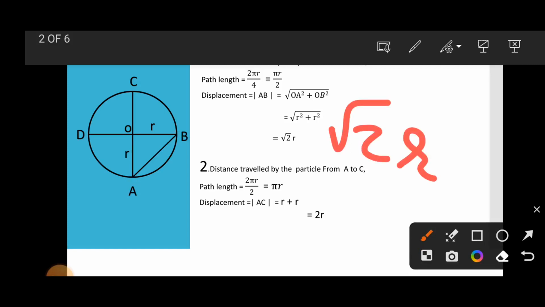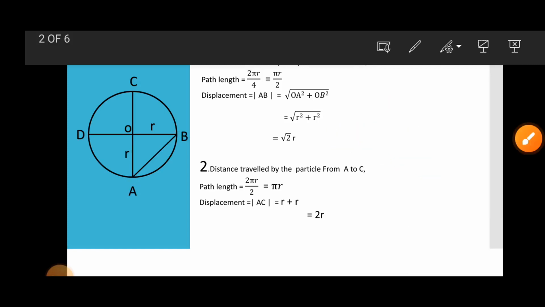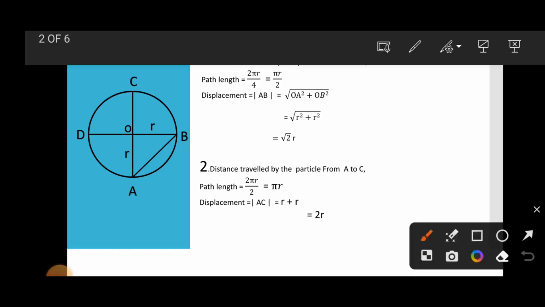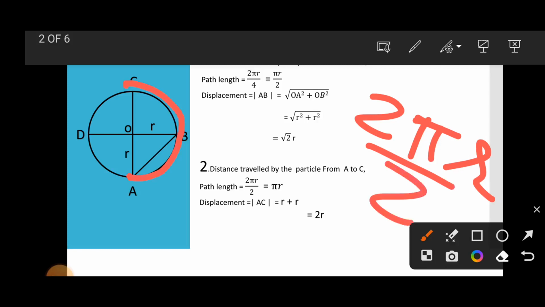Now, for the second case, the distance travelled by the particle from A to C, which is 1/2 of the circle. In the second case, we cover a 1/2 distance. For that, the path length is equal to 2 pi r divided by 2, which is equal to pi r.